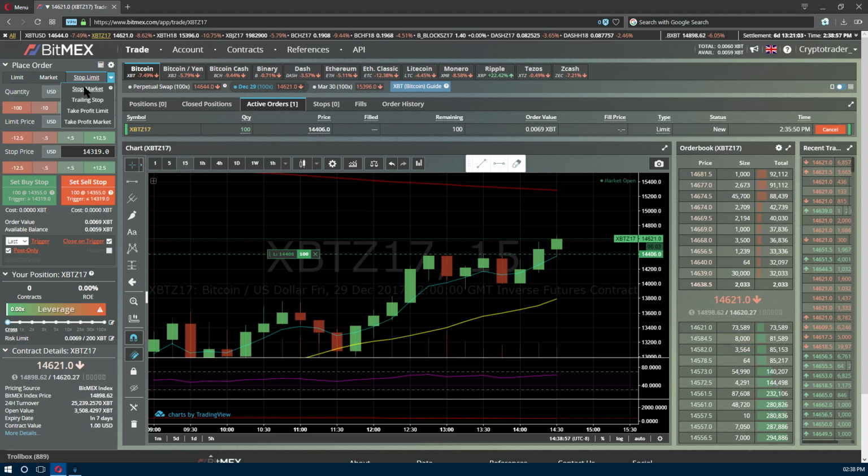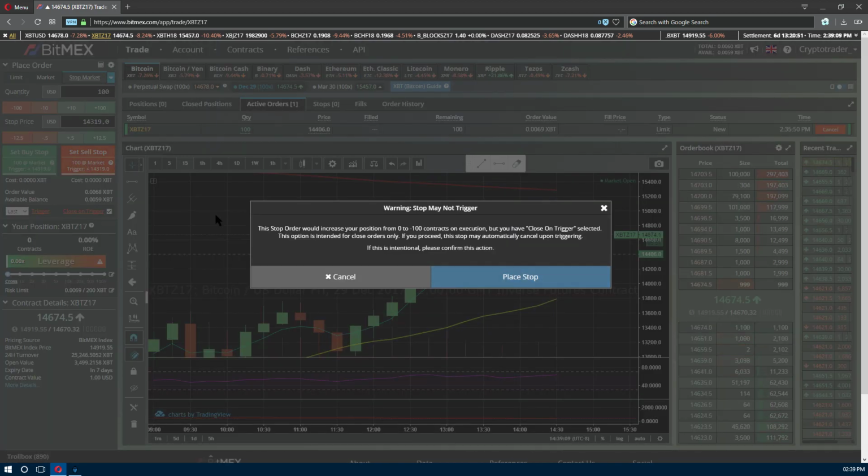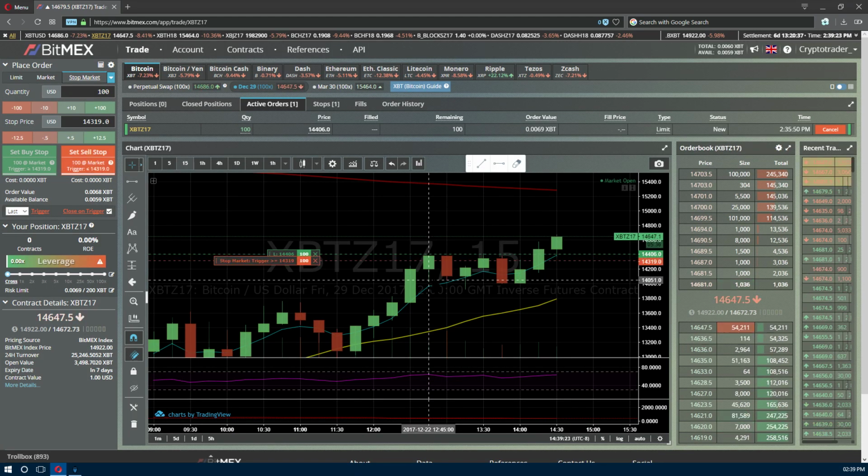Stop market. Set sell stop. 330. Let's see what this looks like. Last on trigger. That looks like the way I can do it right there.